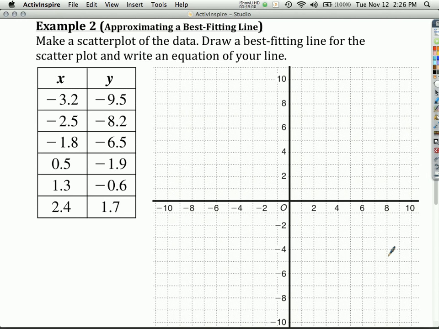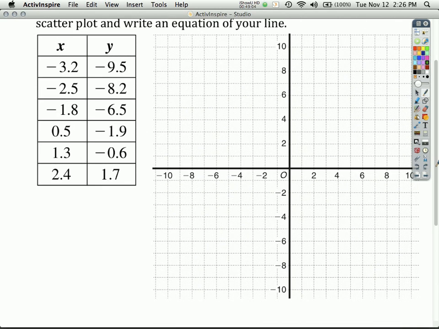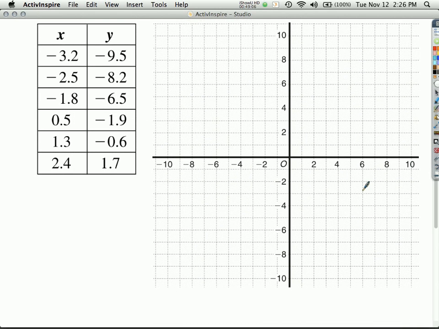So negative 3.2, negative 9.5. We know approximately where they'll be. So negative 3 is right here. Negative 3.2 is going to be a little bit past that. And negative 9 is down here. Negative 9.5 is going to be halfway. So now I'm going to go out to about right there, and I'm going to draw a point. And so I took care of that data pair.